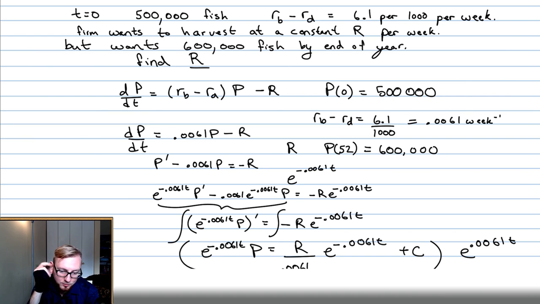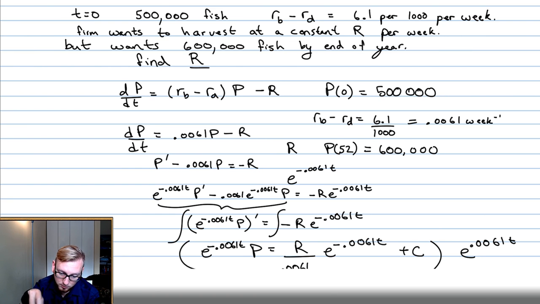So there's a fish farm that has 500,000 fish at the beginning of the year, and their net rate of births versus deaths in the fish, because obviously some fish will die, is 6.1 per 1,000 per week. The farm wants to harvest at a constant rate r per week, but it also wants 600,000 fish by the end of the year. So we need to find the harvest rate.